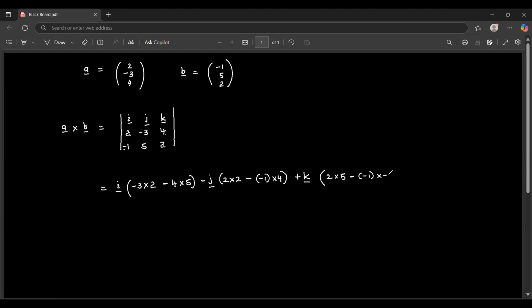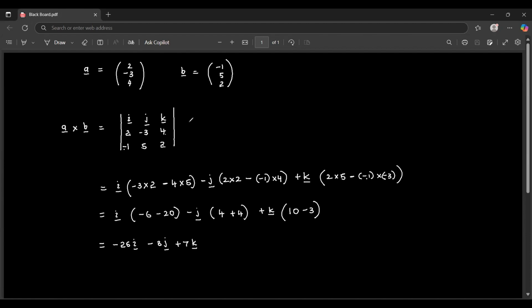So now you can see i into minus 6 minus 20, minus j into 2 into 2 is 4 and minus minus 4 will be plus 4, plus k into 10 minus 3, so it will be 7. So the final answer will be minus 26i minus 8j plus 7k.